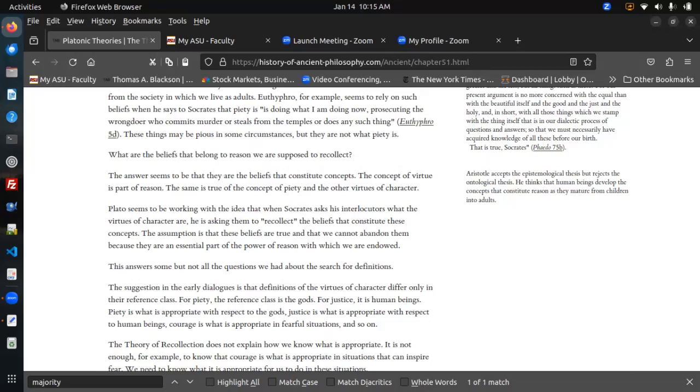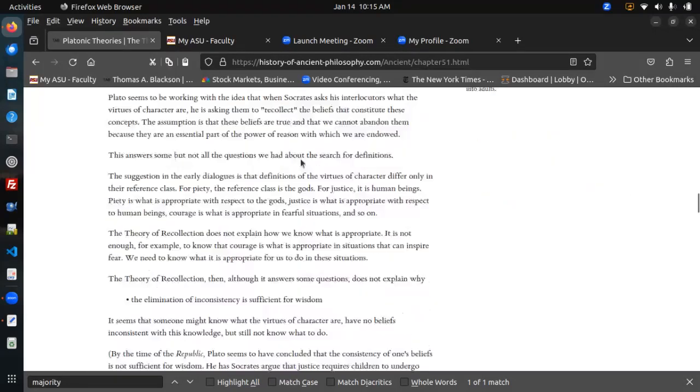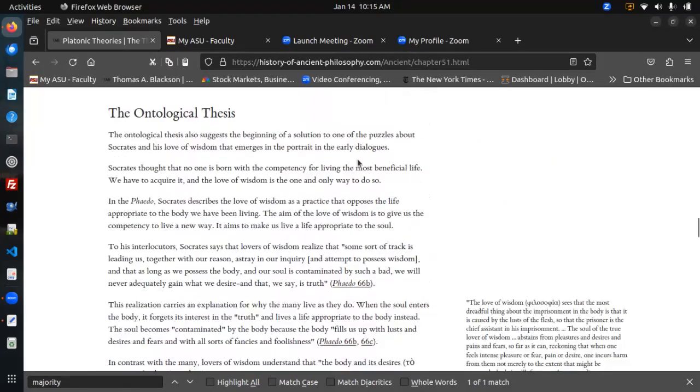And Socrates, at least as Plato represents him in the Meno and the Phaedo, believes that the soul exists before it enters the body and also after, when it leaves the body, when we die. Now, part of what is interesting about this thesis is what Socrates says is supposed to happen to the soul when it enters the body.